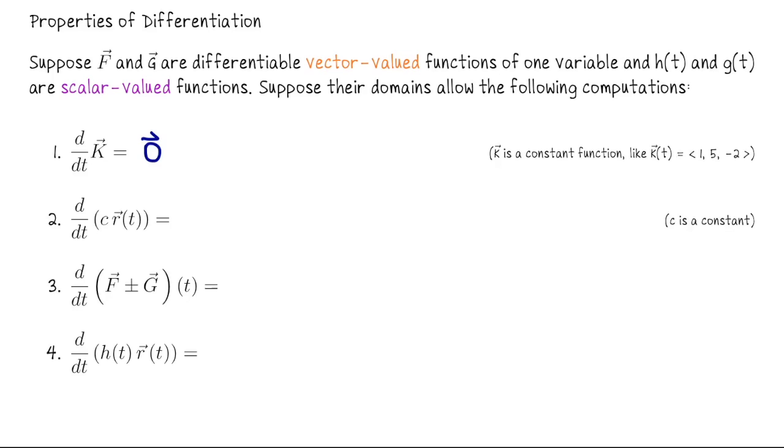Another unsurprising result is if I have a vector valued function little r of t and I scale it by some number c, so c here is just a constant like 5, then the derivative of c times r of t is just c times r prime. Another result which you can probably expect is the derivative of f plus g is f prime plus g prime, and similarly the derivative of f minus g would be f prime minus g prime.